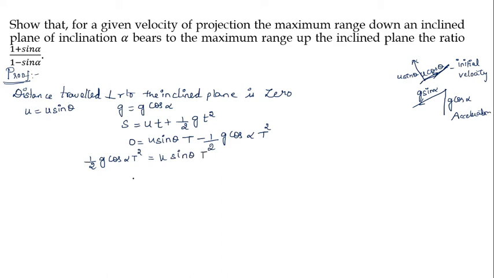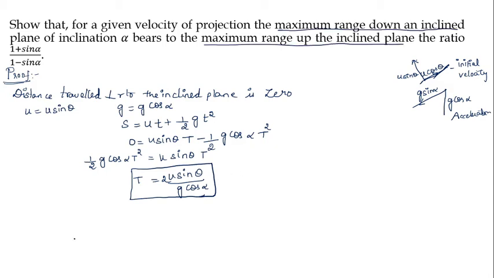Now we are going to find t alone. So t square and t will get cancelled. Only one t is on the left hand side. So t is equal to u sine theta divided by g cos alpha, and the denominator 2 will be in the numerator in multiplication. So time of flight, that means to cross the maximum range, the time is 2u sine theta divided by g cos alpha.